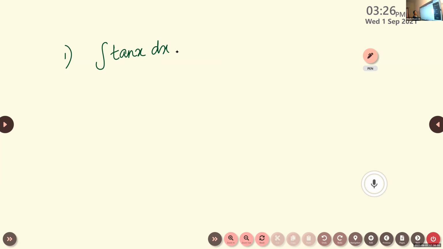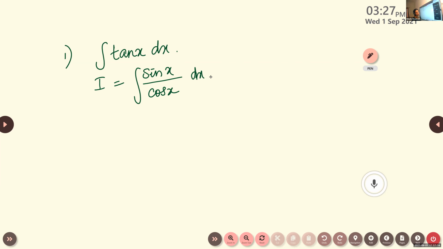How to do this? So you start with tan x. Tan x means we can write this as sin x by cos x into dx. Is it correct? The definition of tan is sin by cos. Now look at this and can you tell me which formula we have to use here?